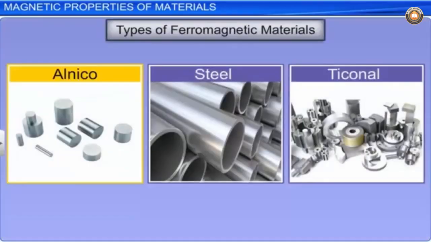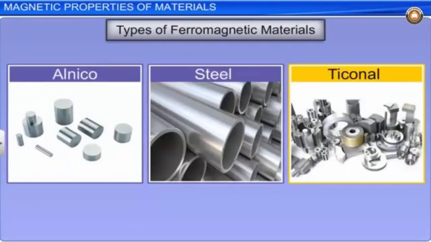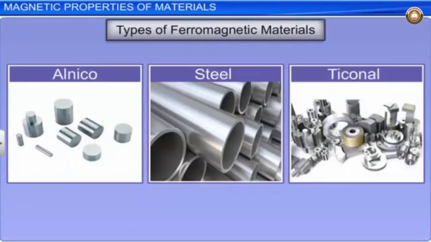Alnico, steel, Ticonal, etc. are the examples of hard ferromagnetic materials. These materials are used to prepare permanent magnets.